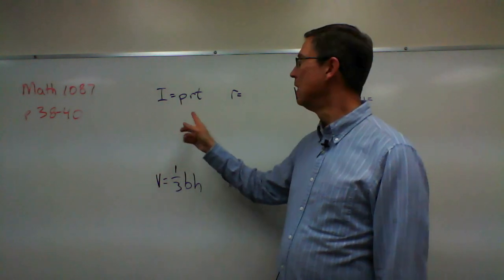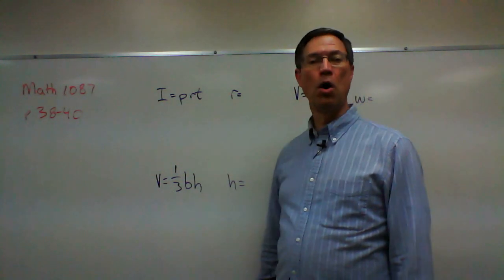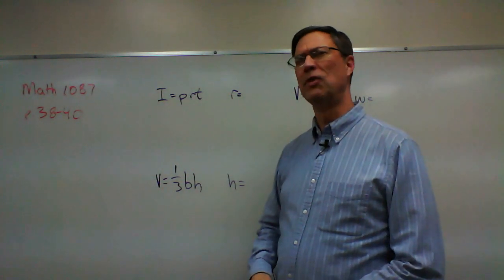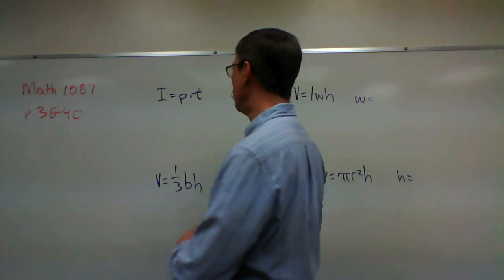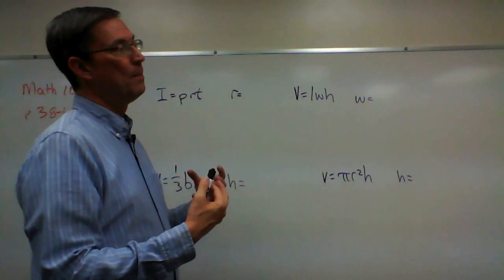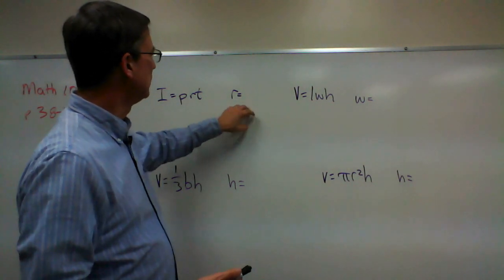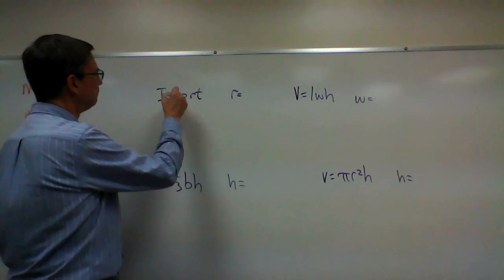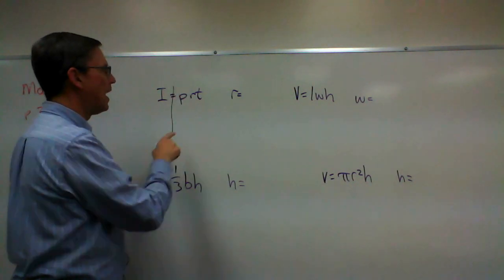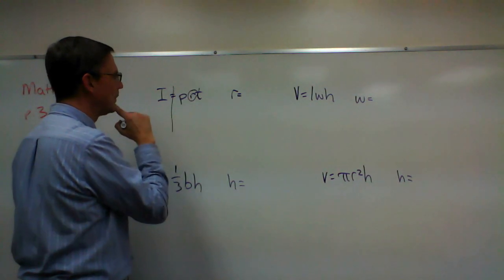Don't worry about that. All we're doing is trying to solve to find the variable r. So we're reworking it to make a new equation using the same letters, just rearranging it. I want to solve for r, so I want to leave that one by itself. So what do I need to do?